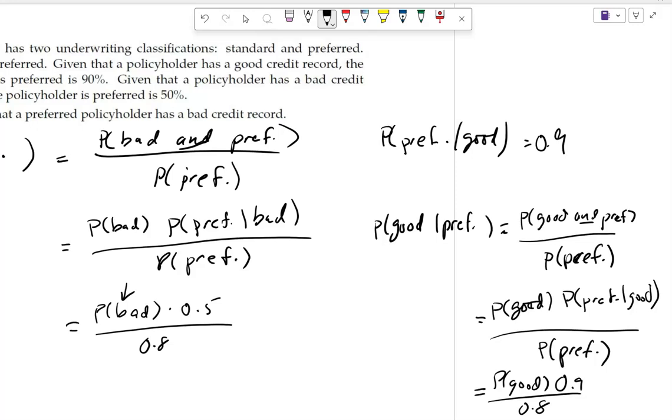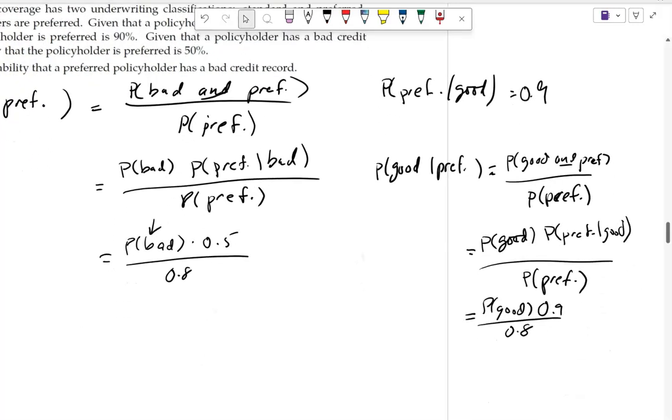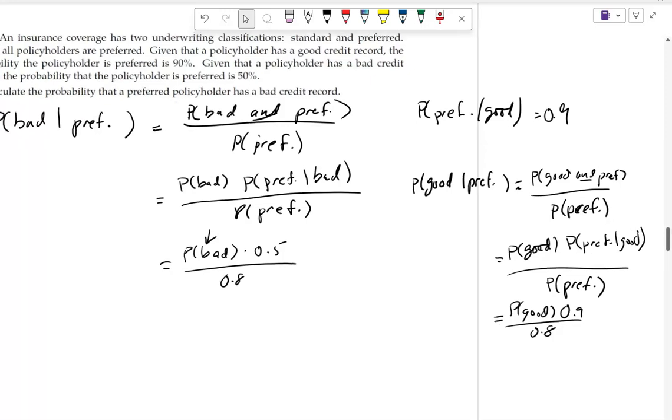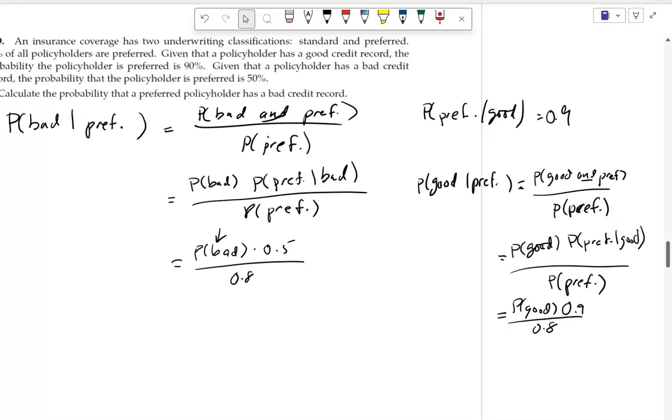Looks like we're stuck again, but I think we're in a better place than we were. Here's why. By the way, are we okay with how we got these calculations so far with breaking up the formulas? That's the important part. All right, last little bit then, and I think we're almost there. Here's probability of bad given preferred, probability of good given preferred.